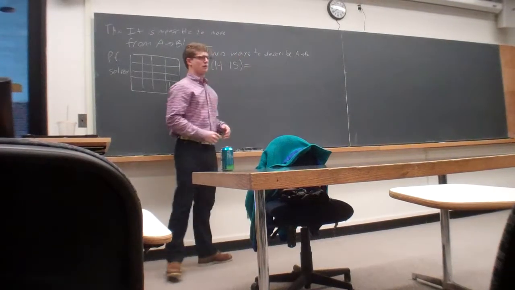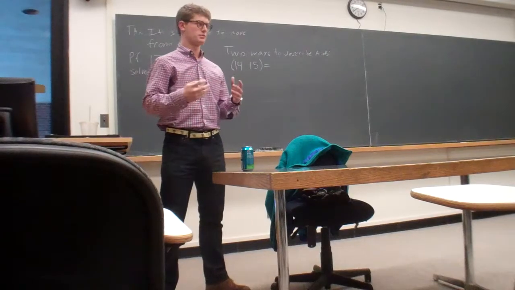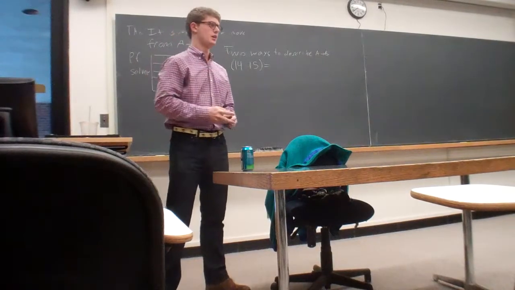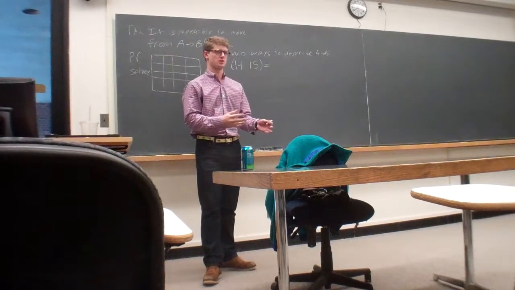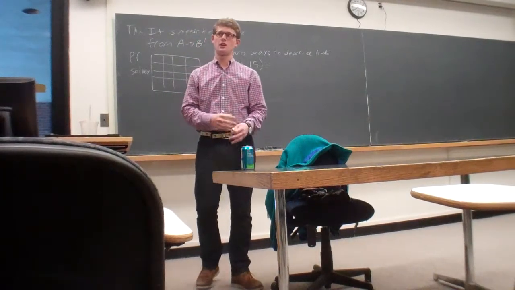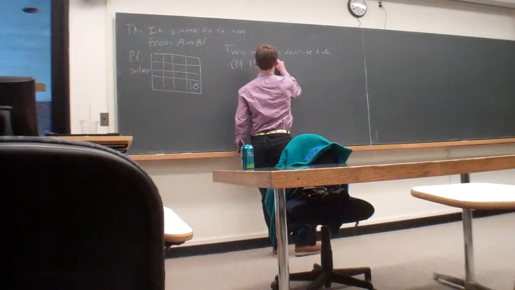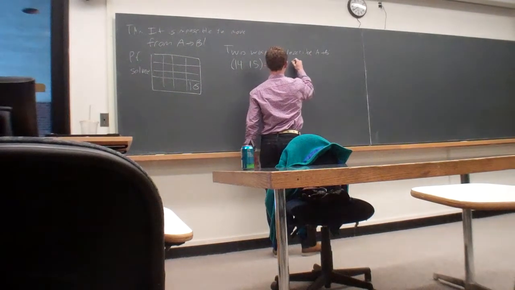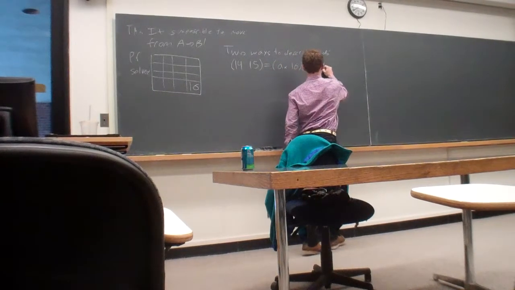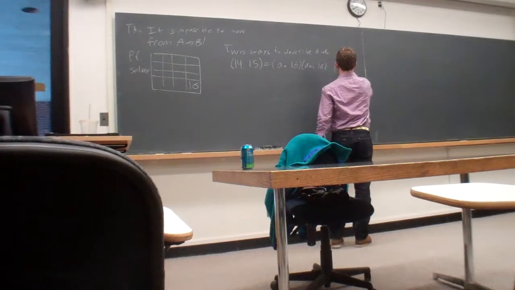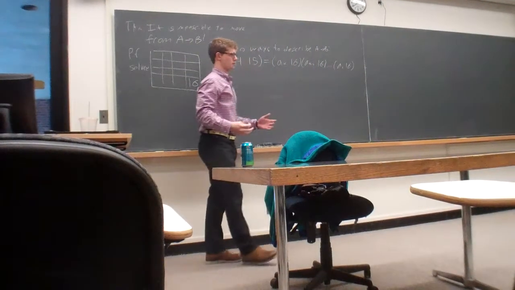Now, if there were a way to actually solve this challenge, to go from A to B or B to A, there would be a series of k moves that you could do, or k transpositions of an element with 16 that could bring you from one configuration to the other. So we have a k-move solution: (Ak 16), (Ak-1 16), all the way down to (A1 16). Okay, so this would be our solution.